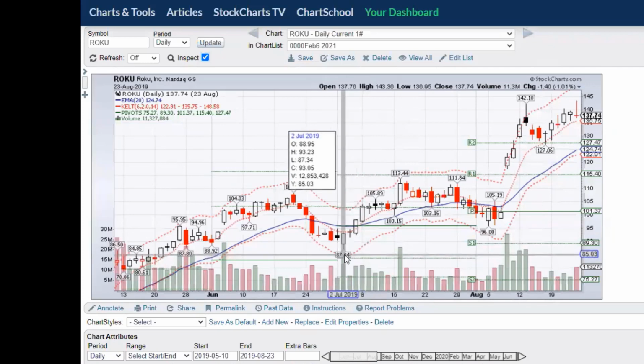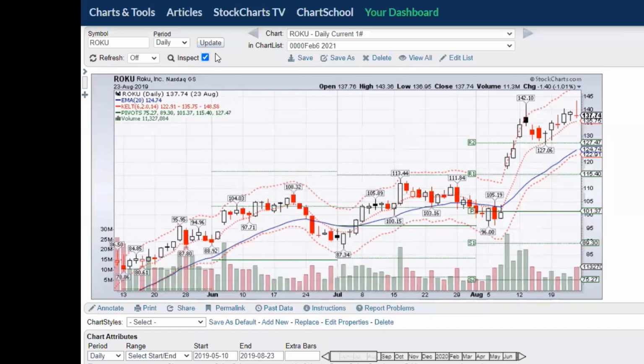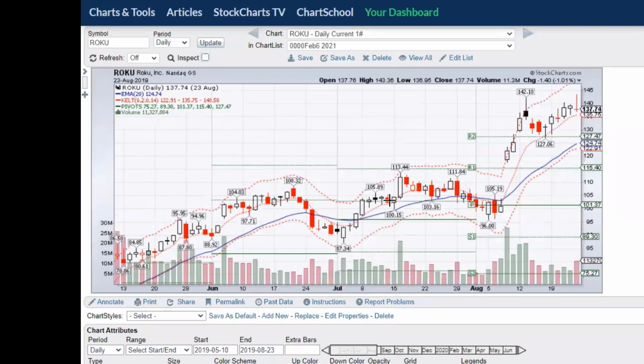So right here, we're about $3 from the S1 support. So another nice push up. You can see it hit the R1 and the R2 and the Stark band. So you went from 87 to 113, a $26 move in a couple of weeks, which was a pretty nice one.